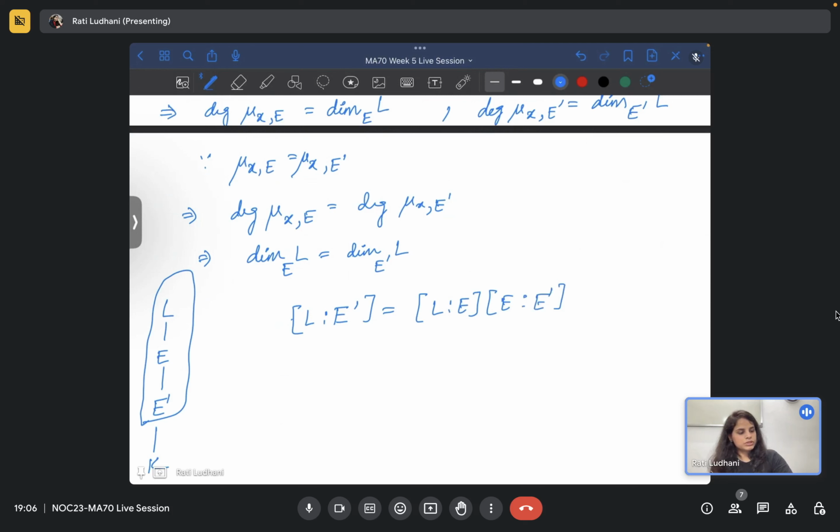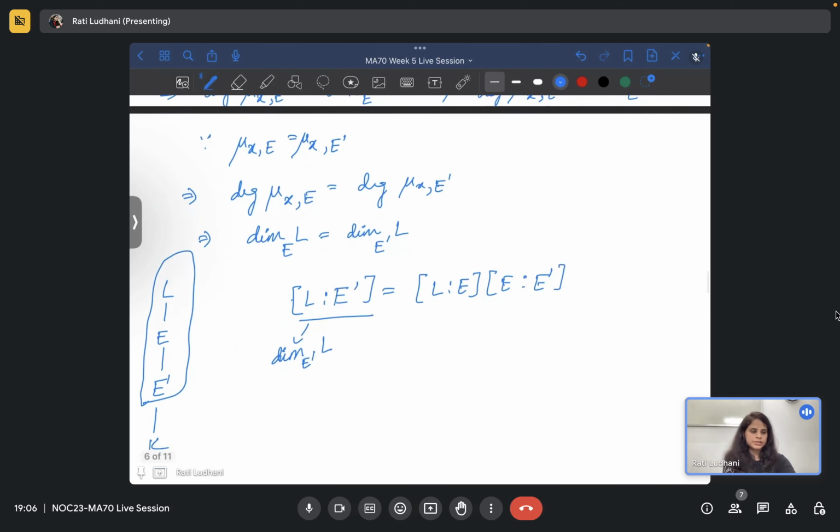And this is another notation for the dimension of L over E dash, nothing else, right? So L over E dash is the same as L over E, so this will get cancelled. So you will just get E over E dash to be equal to 1.